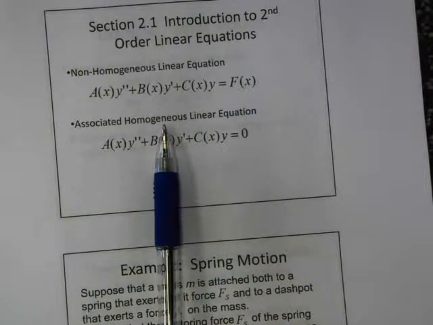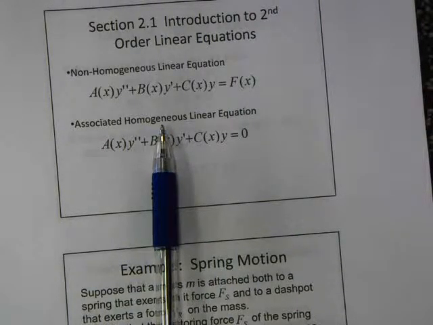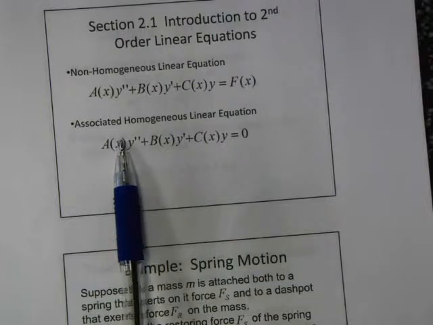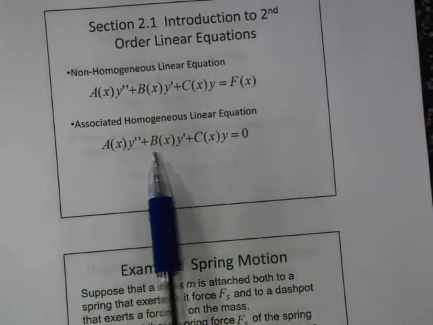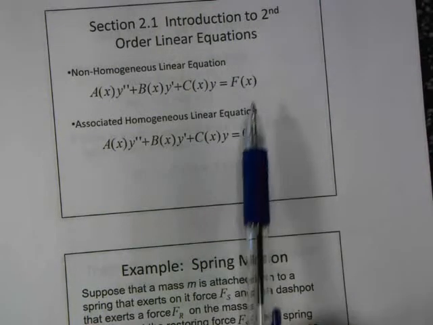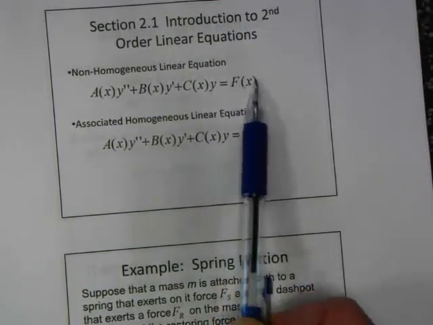In Chapter 1, homogeneous meant same power. Every term had the same power. In Chapter 2, we're going to use the definition that many of you have seen in linear algebra. Homogeneous means equal to 0. So this is what the associated homogeneous equation is. It's the exact same equation except it's equal to 0 instead of equal to some function f of x.